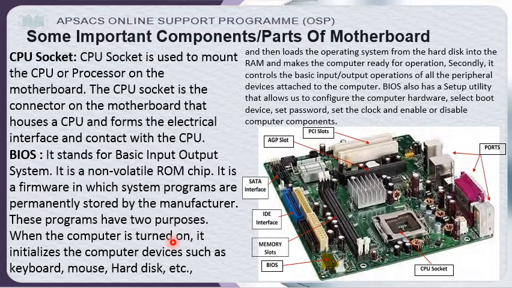So the first functionality of a BIOS is it detects the components. Keyboard is connected or not, mouse, hard disk, CD-ROM, RAM, 2 GB, 4 GB. So it detects those things and just gives you the information related to that.